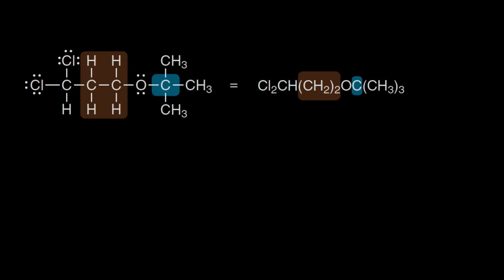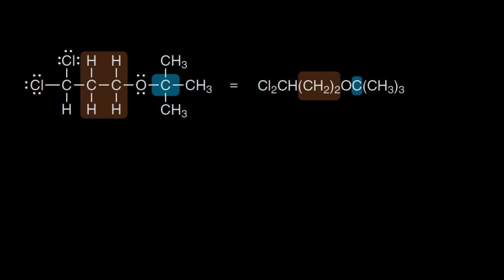Now, let's break down another example. All the way on the left, we have two chlorine atoms attached to the same carbon, and that's written as Cl2C. As we move to the right, we see repeating CH2 units, so we enclose those in parentheses to keep things compact. There's also an oxygen atom in the middle of the molecule, and it's placed between the two carbon atoms it's connected to, right where it belongs in the sequence.